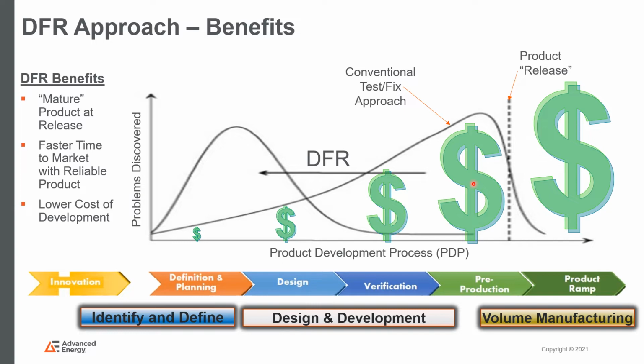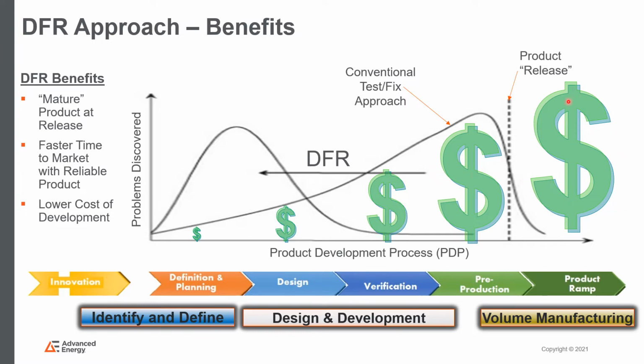What the idea of DfR, or early DfR, is, we want to push the findings to the left. We want to end up with a mature product that we aren't finding new issues on before we release it. We want to meet our time to market requirements instead of being pushed out by failures or board turns that we didn't expect. And what that does is it lowers the overall cost of the development.